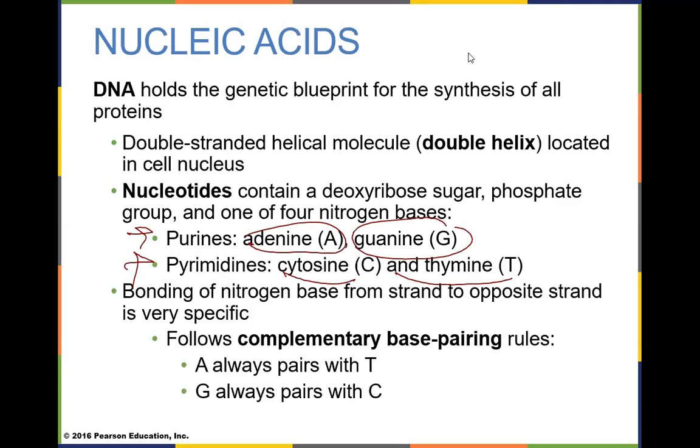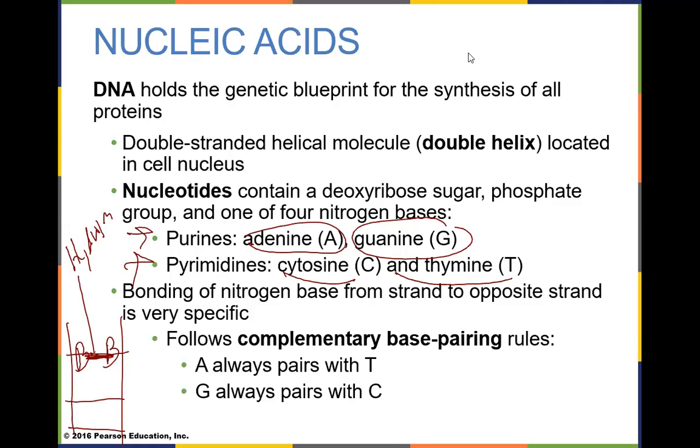And they will bind to each other. You know, you have that ladder-shaped structure here. You'll have a base here and a base here, and they will be held together with hydrogen bonds. And we find that there is a certain rule here for pairing these bases, and they pair what we call complementary.